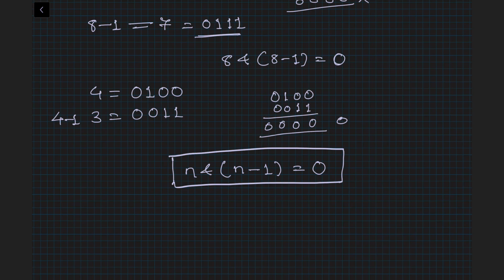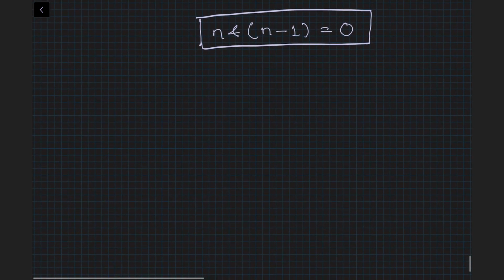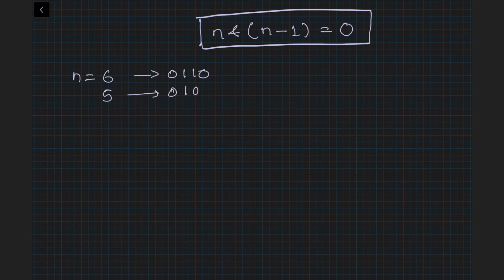Now let's understand with a different example where the number is not a power of 2. Let's say we take an n value of 6. The binary representation of 6 is 0 1 1 0, and if we subtract 1, we get 5, which is represented as 0 1 0 1.